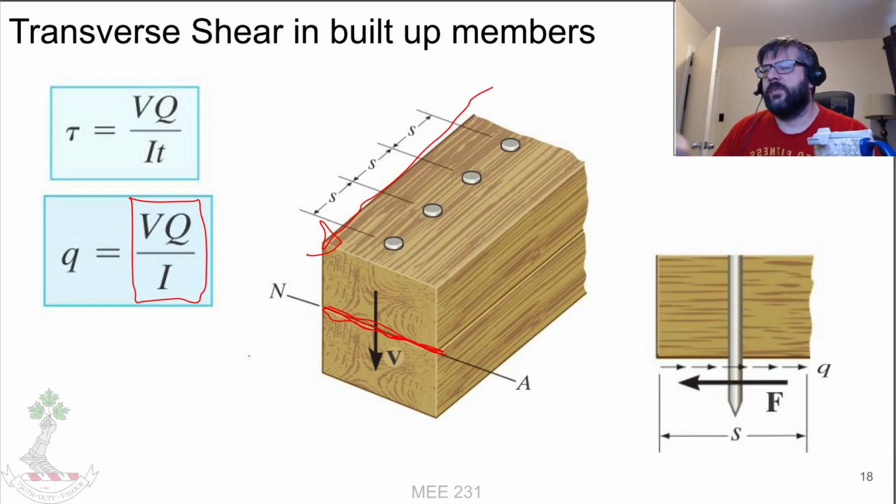Then you could figure out that you would need to apply 10 of those nails per meter, which means one every 10 centimeters.